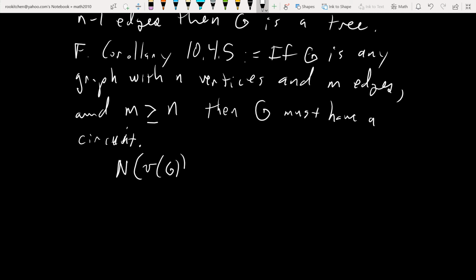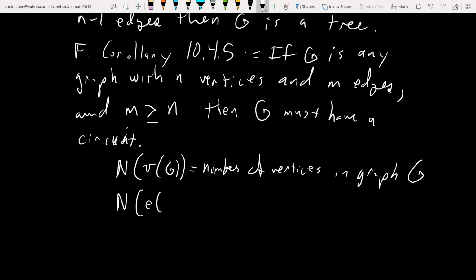This means the number of vertices in the graph G. Okay. What else do I need? I think that's all I need. No, sorry. This thing is the number of edges in the graph G.